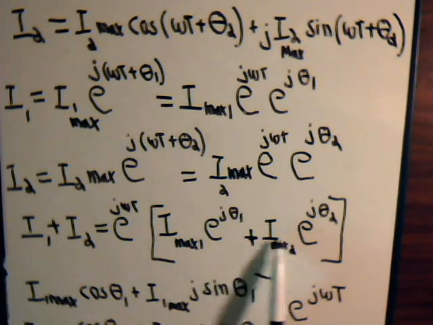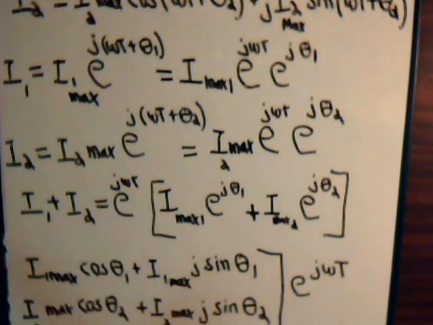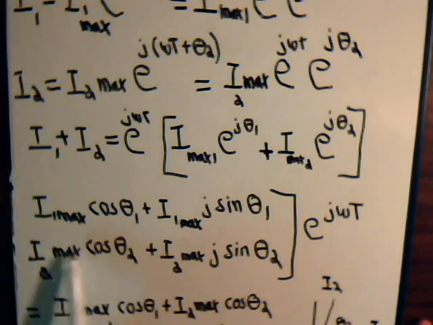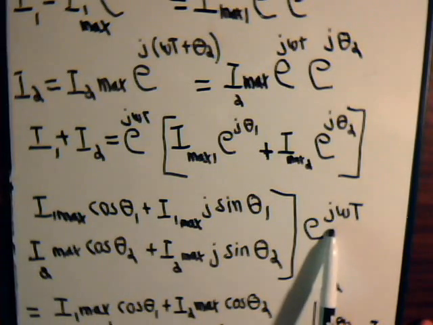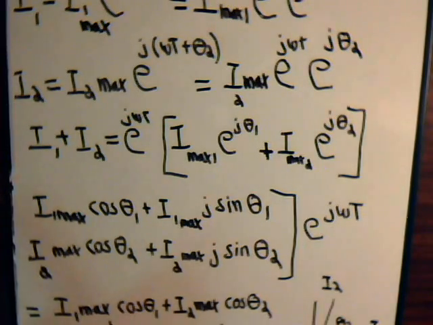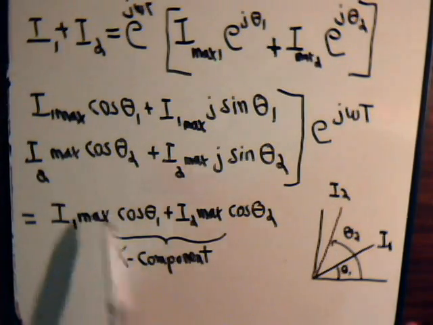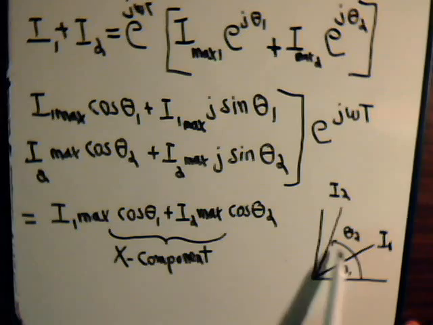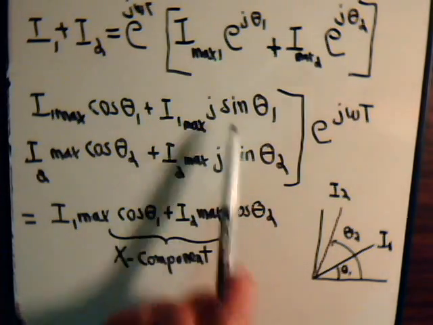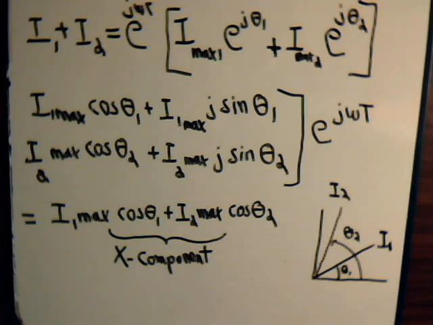That leaves us this expression, which gives us this, with this factored out, and then this. This is the x component of our added vector that we get when we add these together, and this would be the y component of it when we add it together.